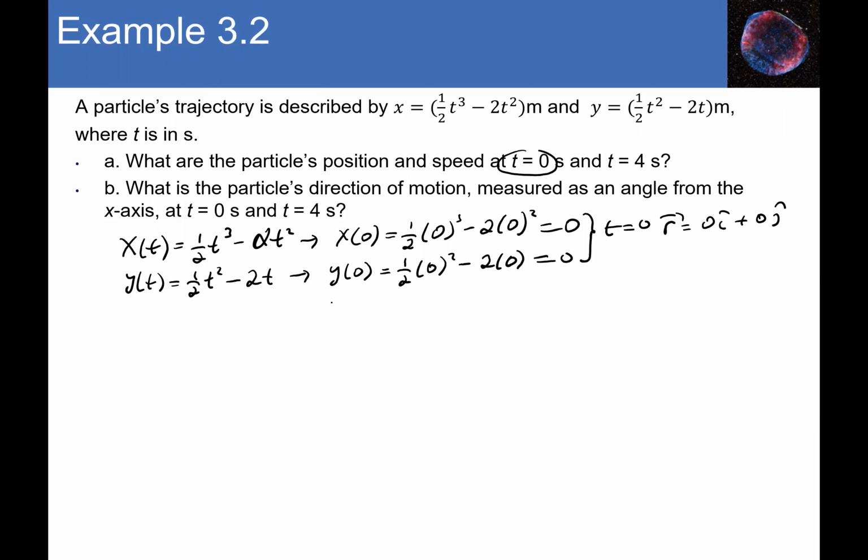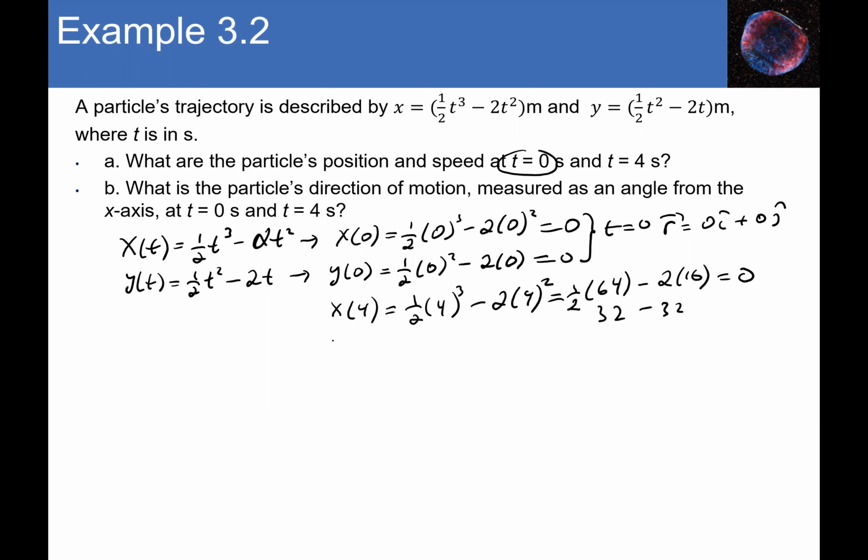We do x when time is 4 seconds, equals 1/2 times 4 cubed minus 2 times 4 squared. 4 cubed is 64, so 1/2 of 64 is 32, minus 2 times 16 is 32. So basically we get 0.